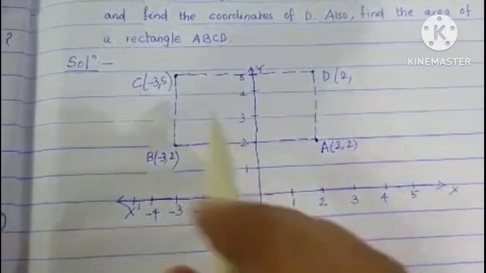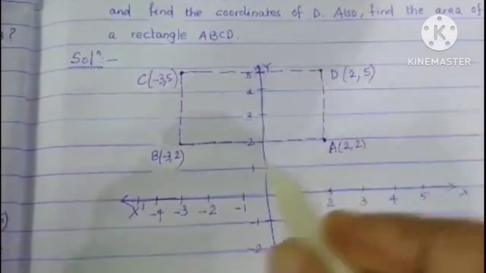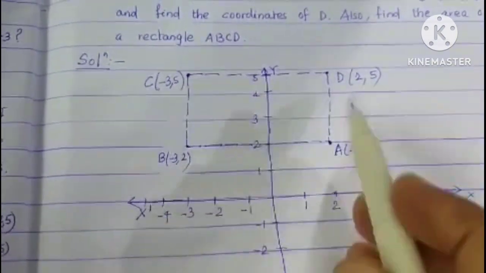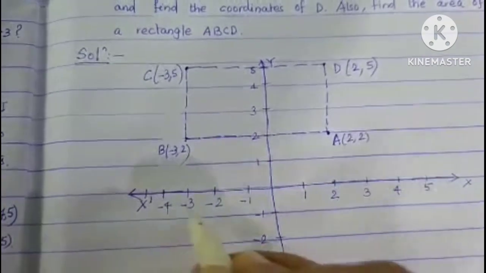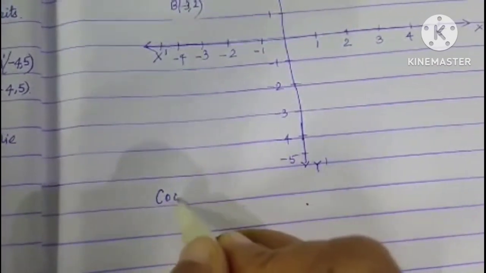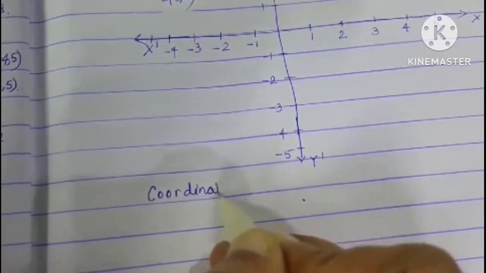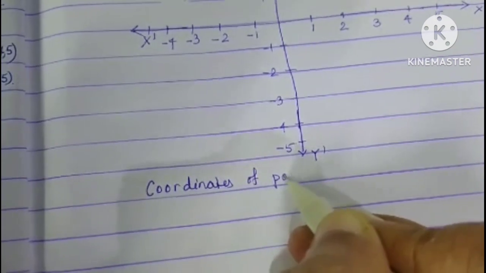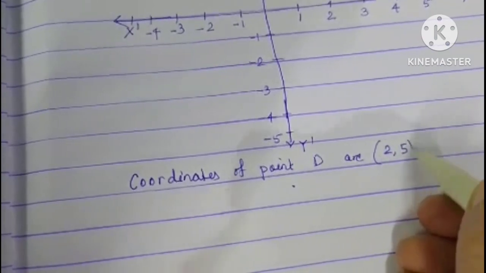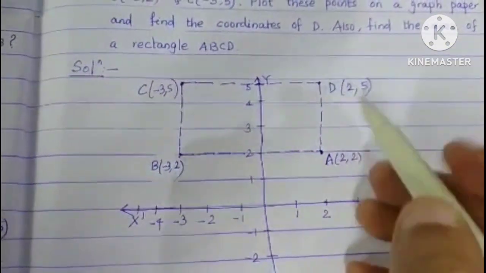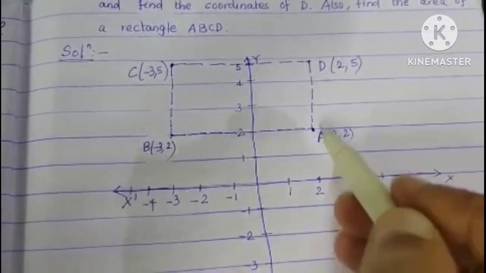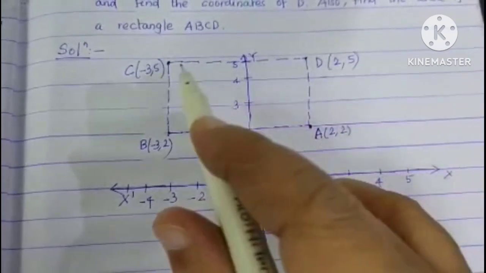It will be 5, the same height as C. So the coordinates of point D are (2, 5). Its x coordinate is 2, and its y coordinate is 5, as we can see from this rectangle.